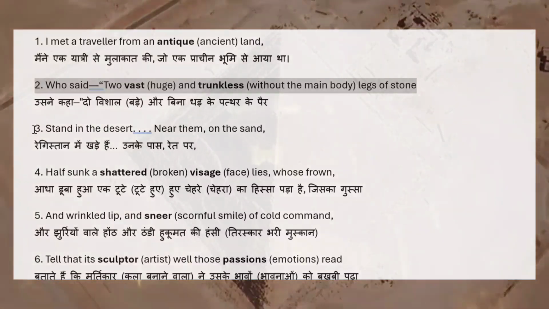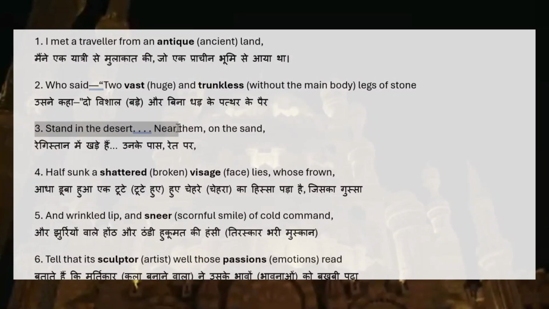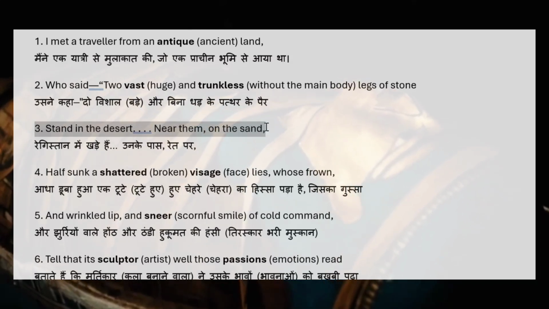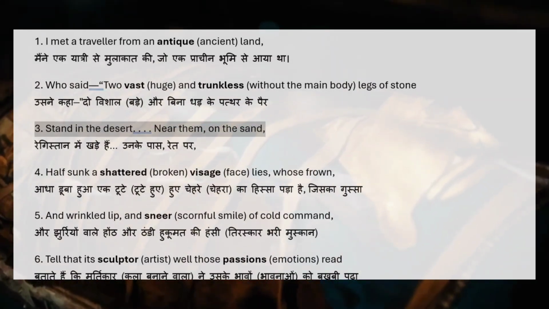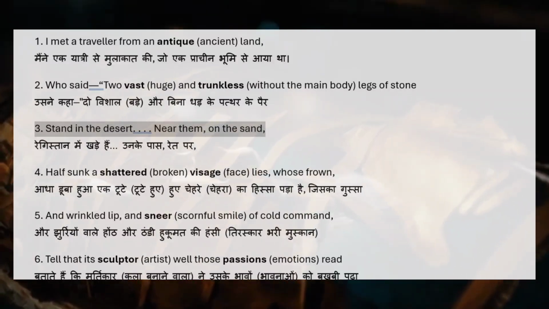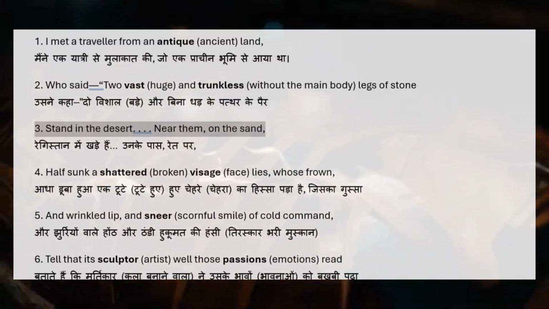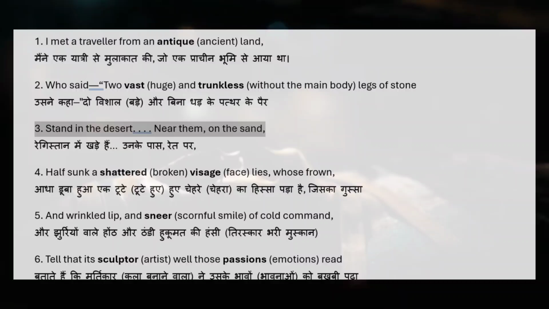Line number 3. Stand in the desert, near them on the sand. The ellipsis pauses here, enhancing the eerie stillness of the scene. The desert, an empty, barren place, surrounds the ruins, emphasizing isolation.